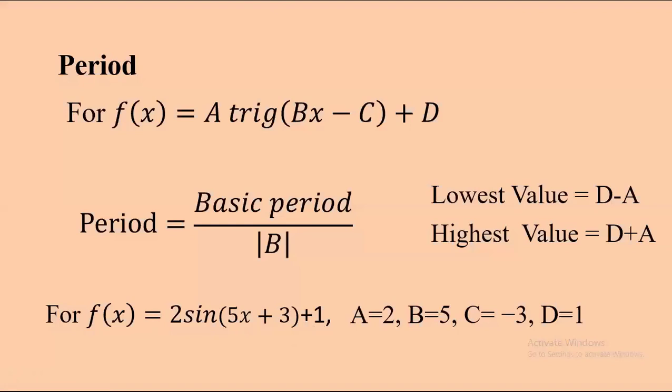But this is not applicable for tan, cot, sec and cosec, because you know why? The highest values of these are infinity. That's why it is not applicable for tan, cot, sec and cosec. Okay.